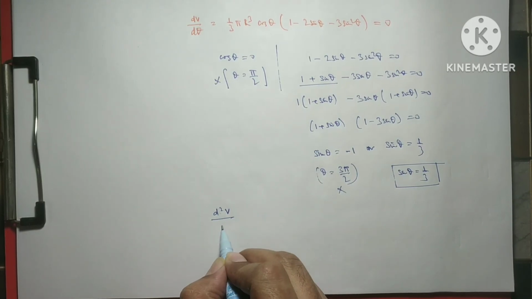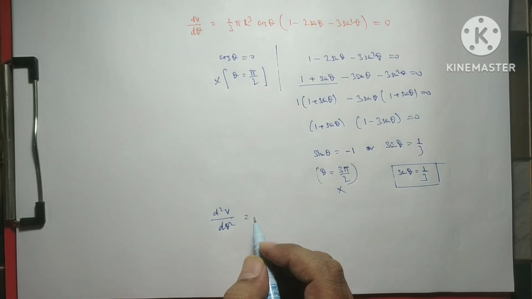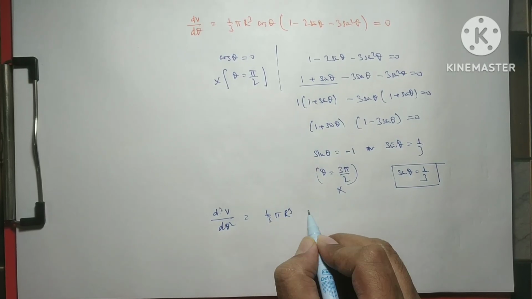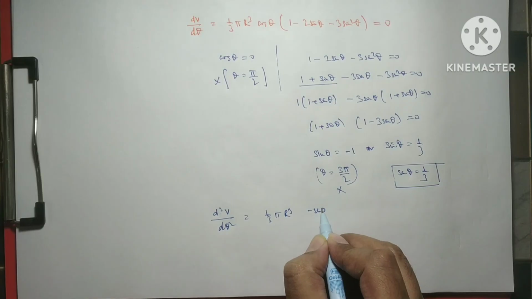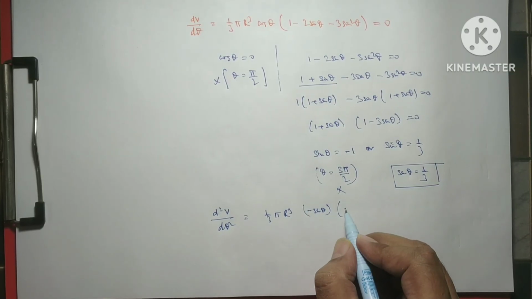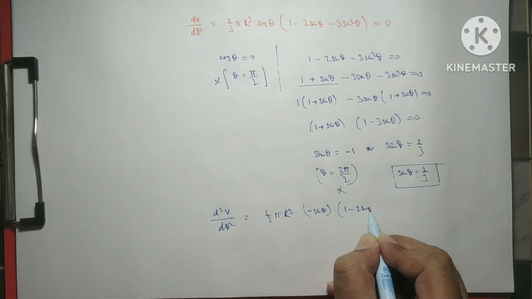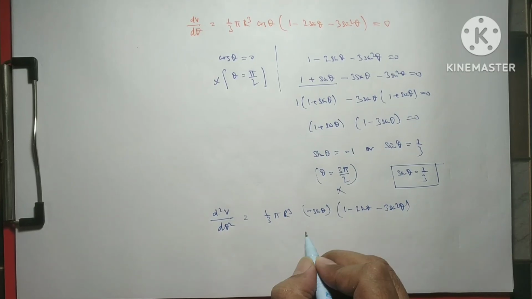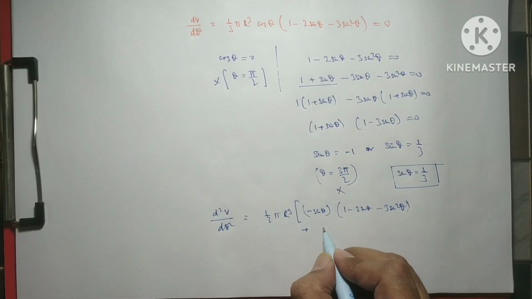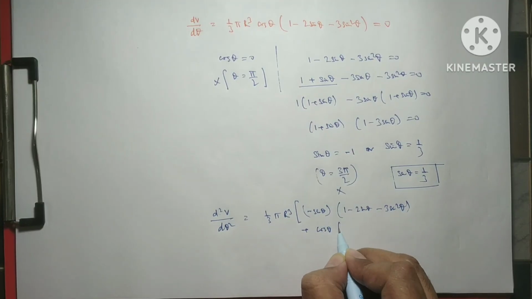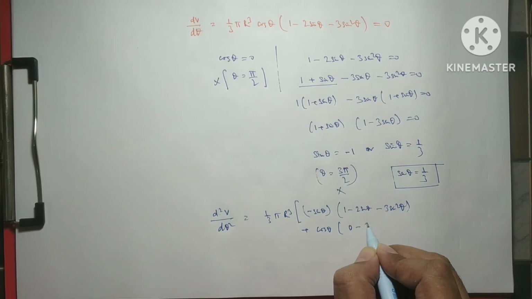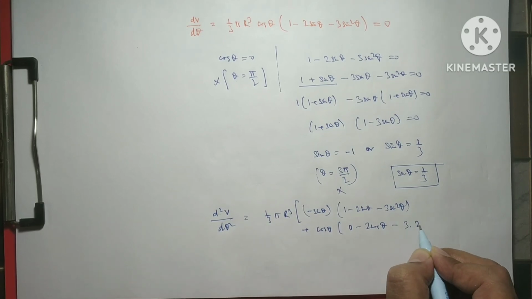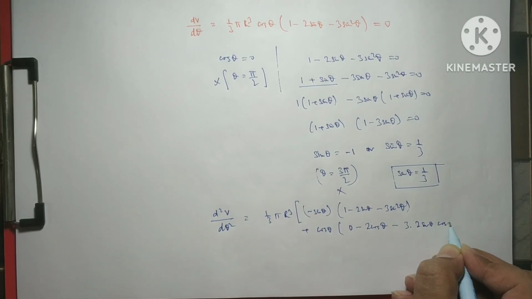Now we go for the second derivative, d2V over d theta square. So it is 1 over 3 pi r cube, minus sin theta and 1 minus 2 sin theta minus 3 sin square theta, plus cos theta into 0 minus 2 cos theta minus 3 into 2 sin theta cos theta.